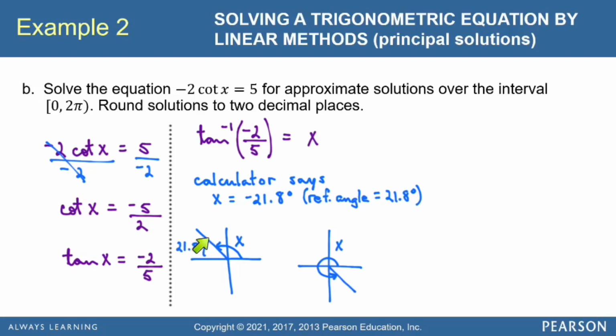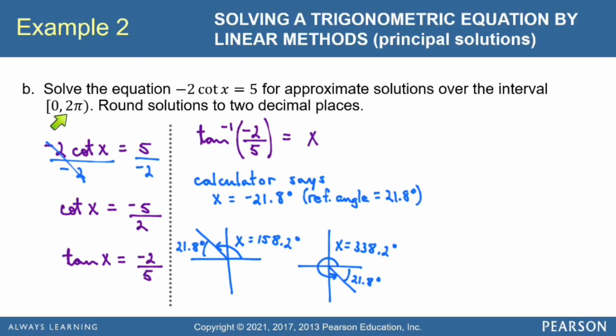So this reference angle right here is 21.8 degrees, and that makes the standard position quadrant 2 angle 180 minus 21.8 degrees. So that's 158.2 degrees. And then this reference angle is also 21.8 degrees, and that makes the fourth quadrant solution 360 minus 21.8 degrees, which is 338.2 degrees.